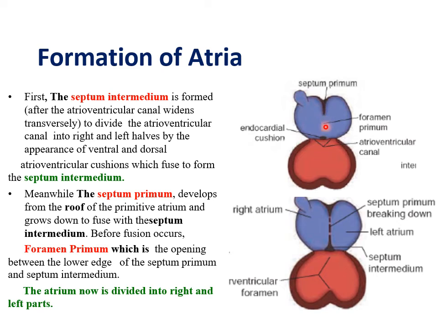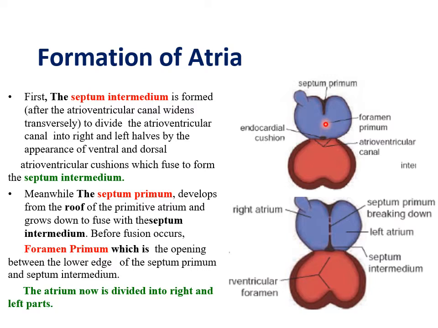Before fusion, there is the foramen primum, which is the space, the opening, between the lower edge of the septum primum and the septum intermedium. This is a very clear picture.